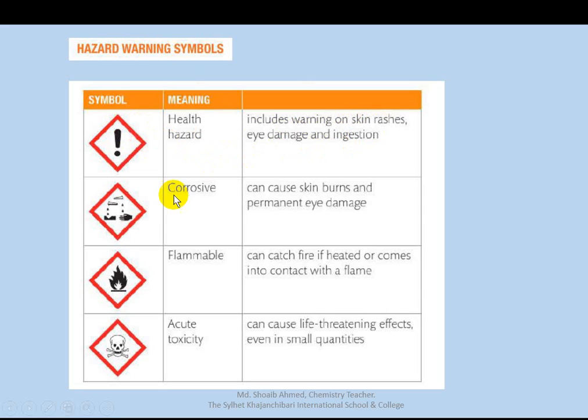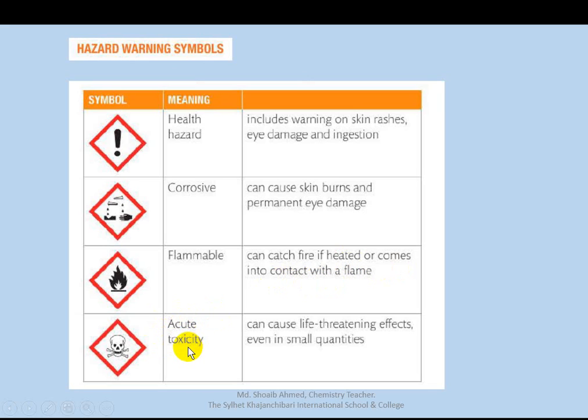Corrosive can cause skin burns and permanent eye damage, like strong acids and strong bases. Flammable substances, such as organic substances like alcohol, propane, octane, and kerosene, can catch fire if heated or when they come into contact with a flame.